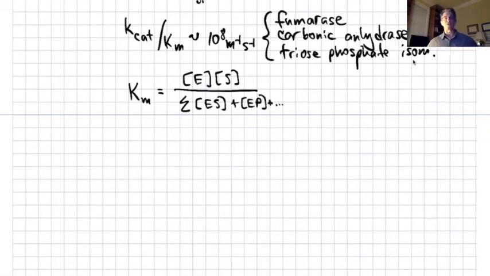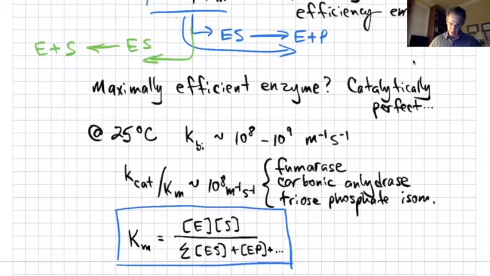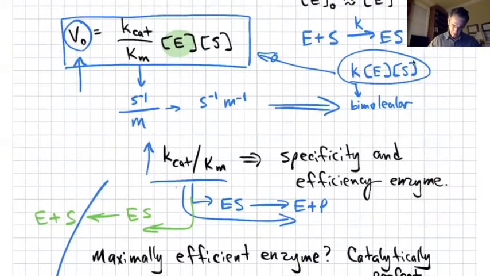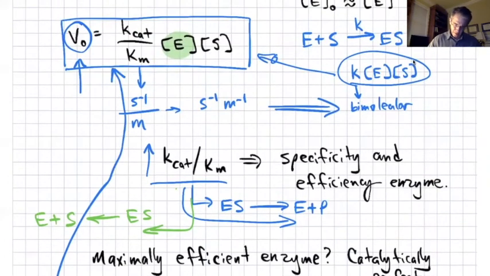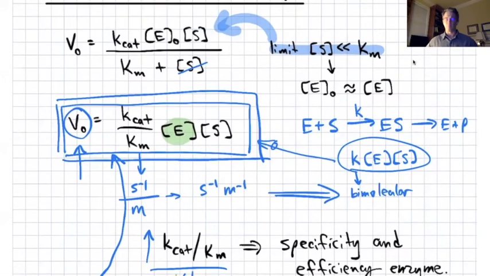If somebody's interested, we can go through it in class at some point, or I can show you guys the derivation. But using that definition for Km, you can derive exactly the same expression for kcat over km, right, without this assumption of being at silly low substrate concentration.